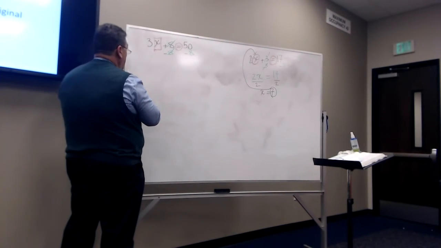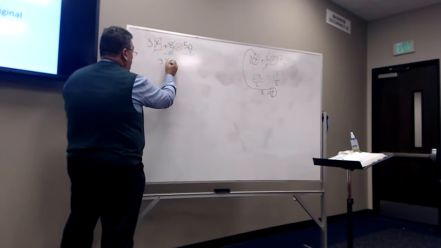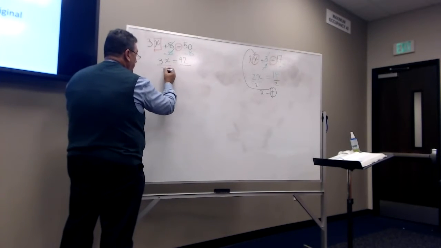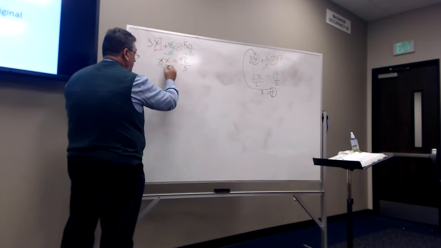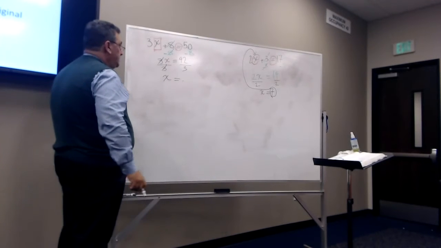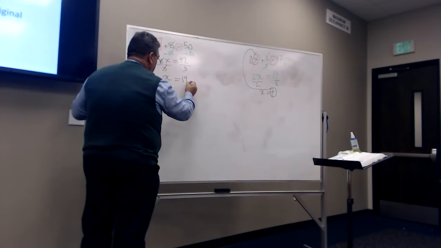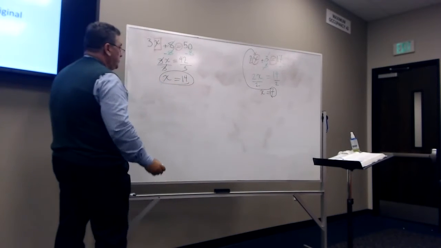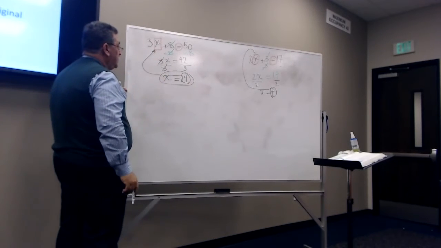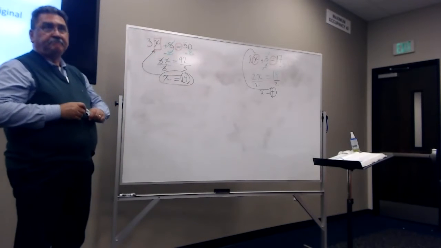It cancels. 3x equal to 42. Divide both sides by 3. So 42 divided by 3 should be 14. And if you put 14 back in here, 3 times 14 is 42 plus 8.